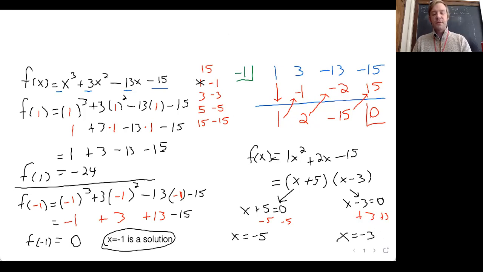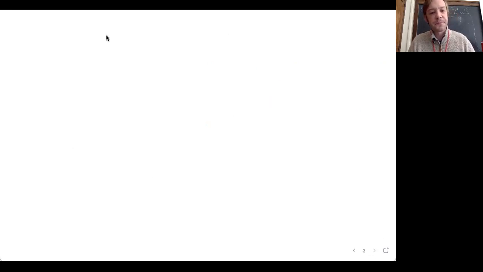So all 3 of these are considered to be solutions for this equation here. So the way that I would write my final answer is I would say x equals negative 5, x equals 3, and x equals negative 1 are all solutions to the cubic equation.